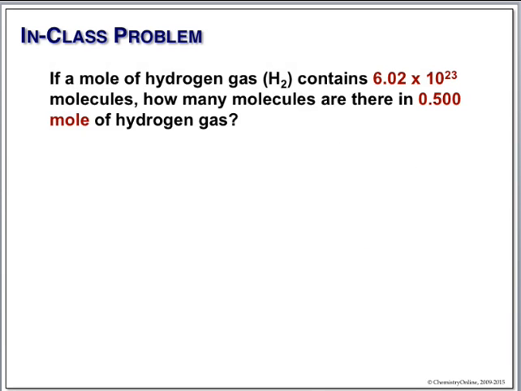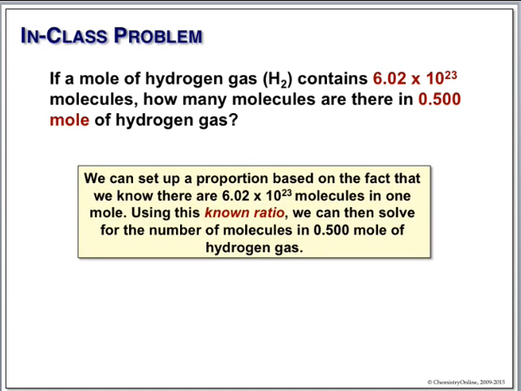If a mole of hydrogen gas contains 6.02 times 10 to the 23rd hydrogen molecules, how many in half a mole? Remember the tutorial that you did, that I hope you did, on exponents? Here we are given half a mole as our given. We know that there are 6.02 times 10 to the 23rd in 1 mole.